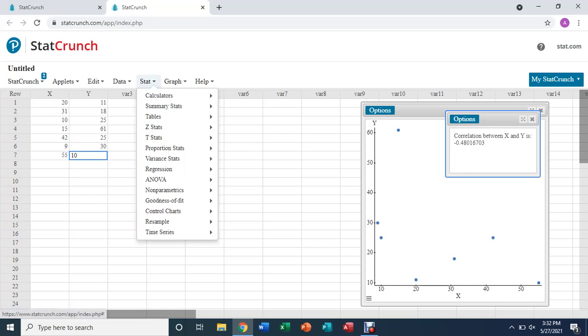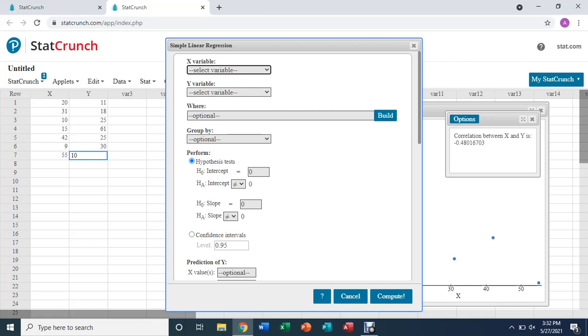So if you go to stat and choose regression, simple linear, highlight variable x, variable y, and the hypothesis, leave it as default.